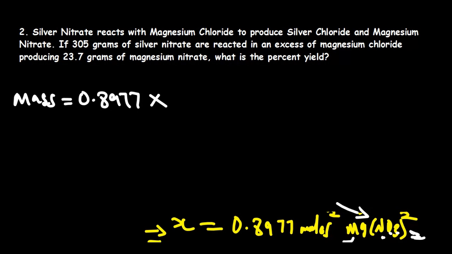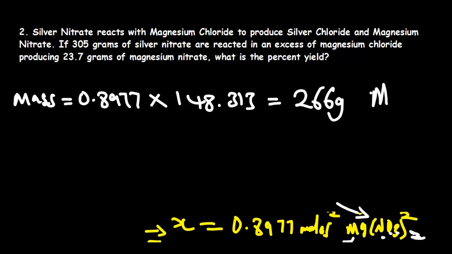I'm getting 148.313. When we multiply this, what mass am I going to get? I'm getting my mass as 266 grams of magnesium nitrate. So that is my mass there.